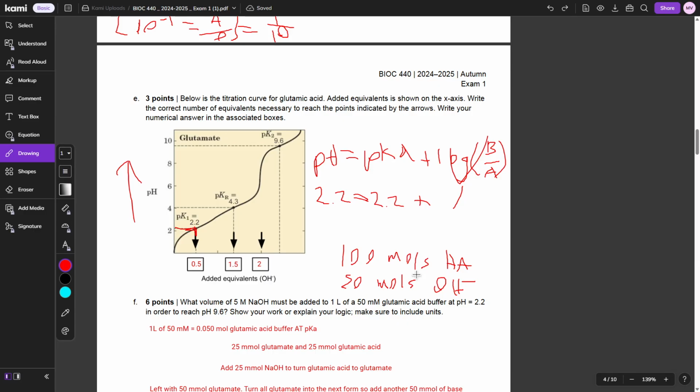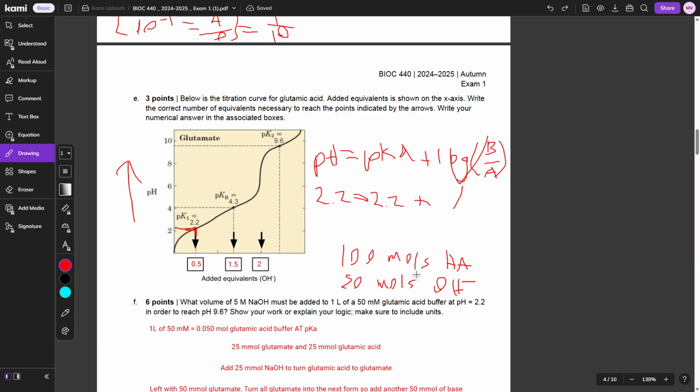You deprotonate 50 moles of HA, so you would have 50 moles of HA left and 50 moles of A minus. You picking up what I'm putting down here?